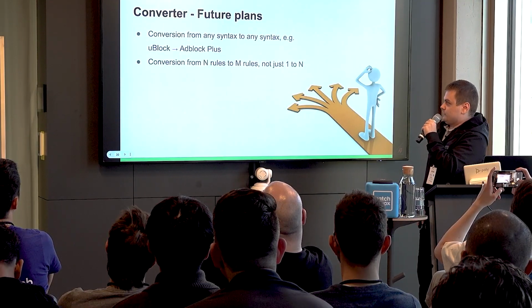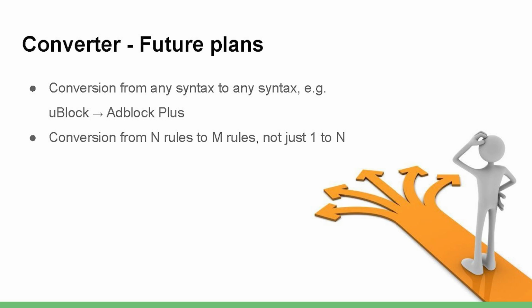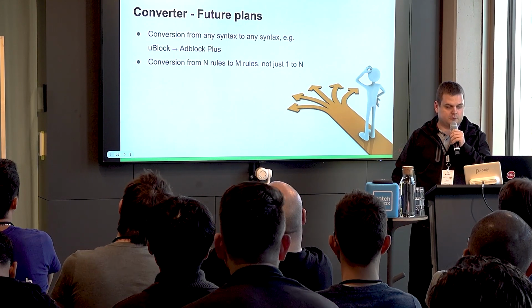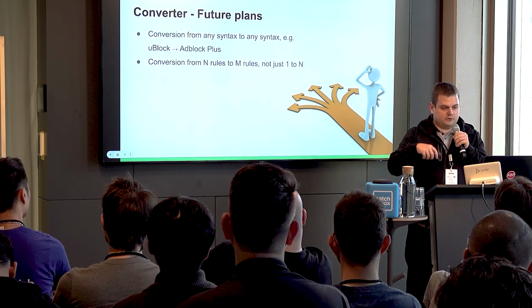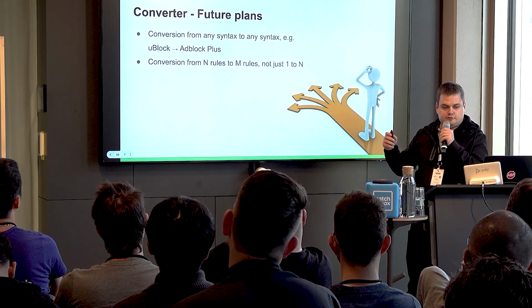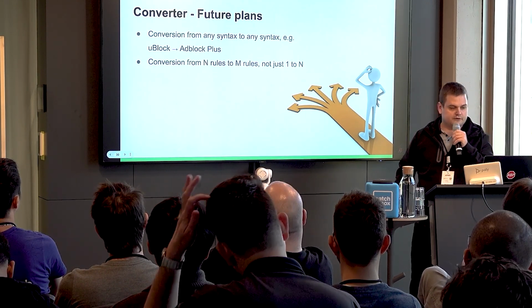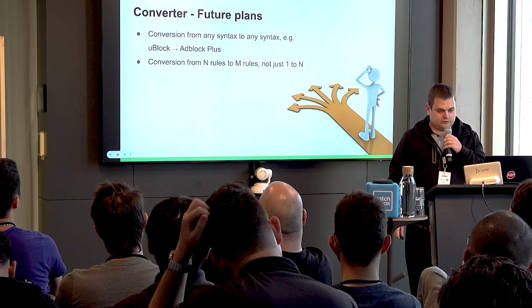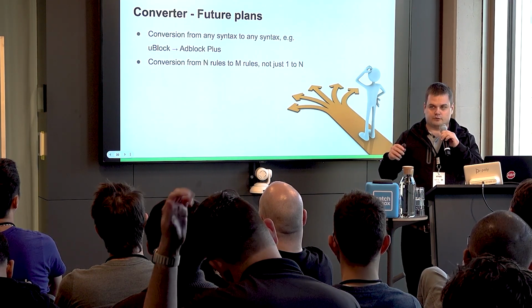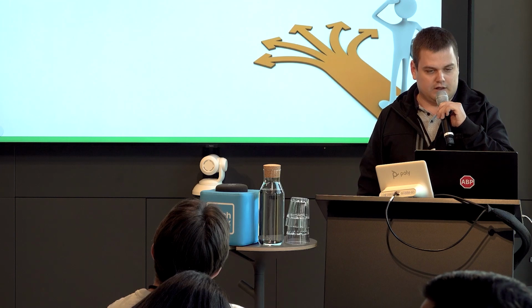And the future plans for the converter: currently the converter implementation is not fully complete. It supports AdBlock Plus to AdGuard and uBlock to AdGuard conversions, as well as a limited form of AdGuard to uBlock conversion. However, we plan to expand this to fully implement conversions across all of the syntaxes.